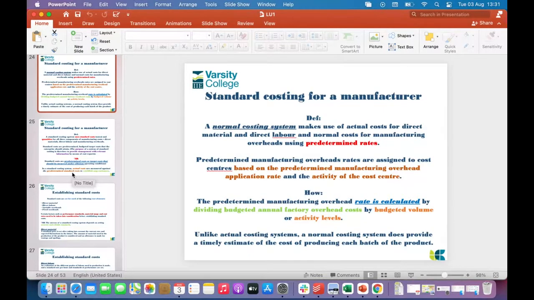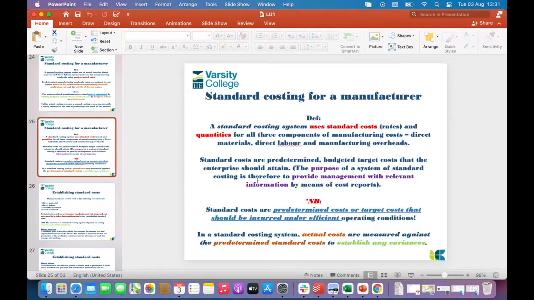The predetermined manufacturing overhead rate is calculated by dividing the budgeted annual factory overhead costs by the budgeted volume or activity levels. We also were doing that in activity-based costing. Unlike the actual costing system, a normal costing system does provide a timely estimate of the cost of products, each batch of the product.